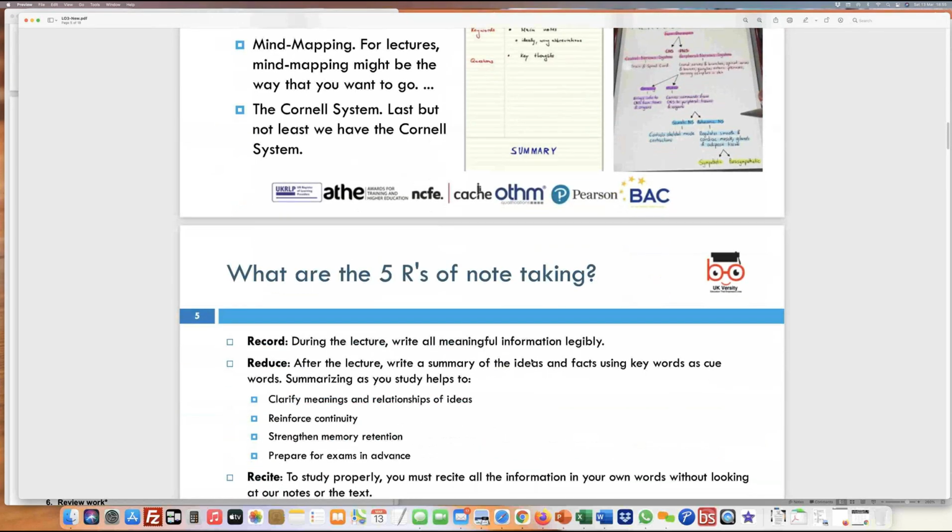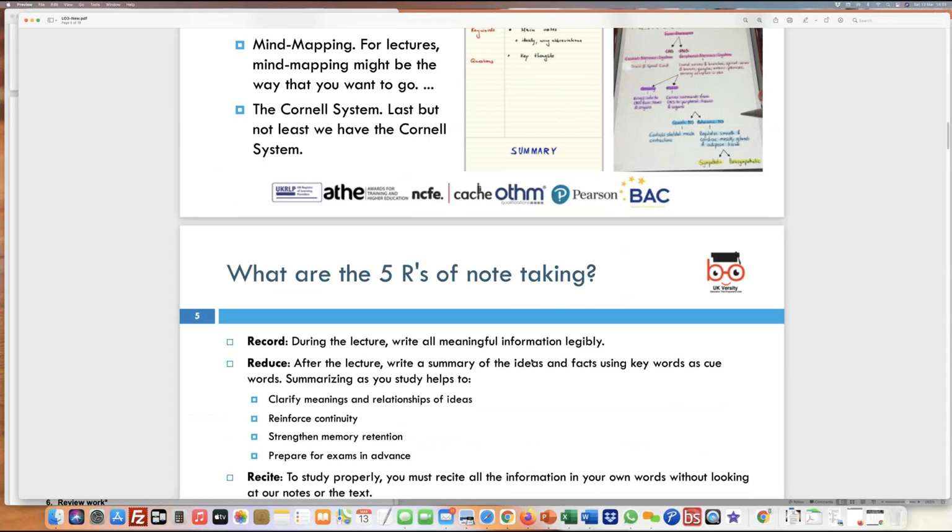And the last system is the Cardinal method. In the Cardinal system, there are some handouts which I will provide, but basically what we want to understand is that this is a type of system for note taking devised by an education professor called Walter Pauk, way back in the 1940s, and he worked for Cornell University.